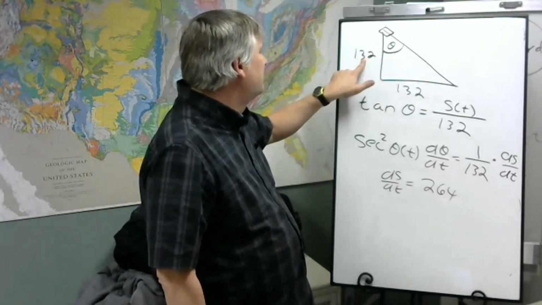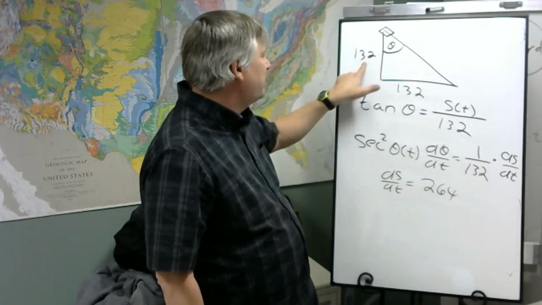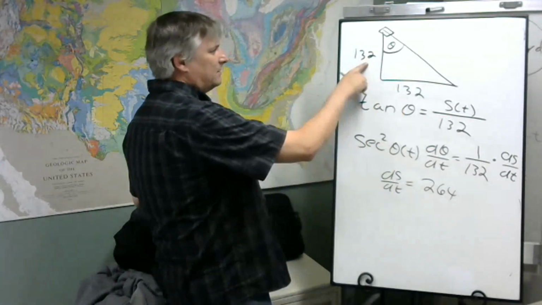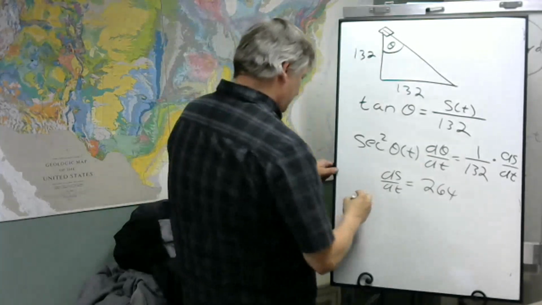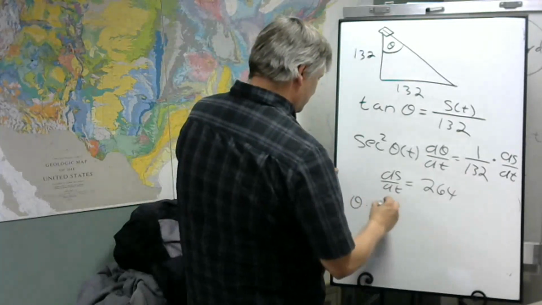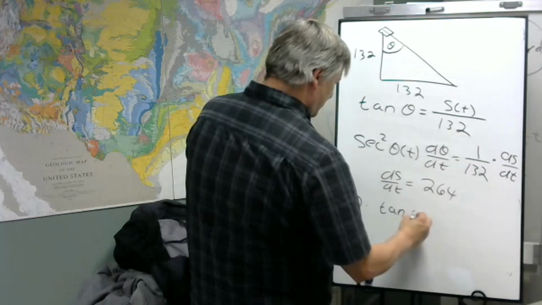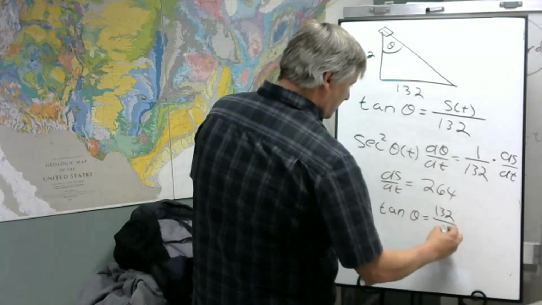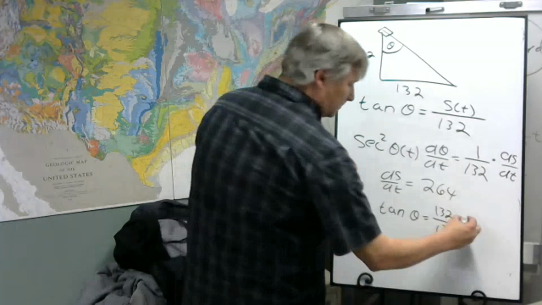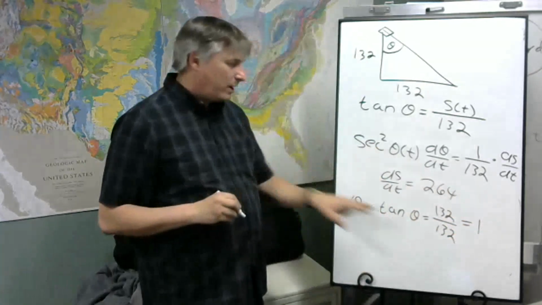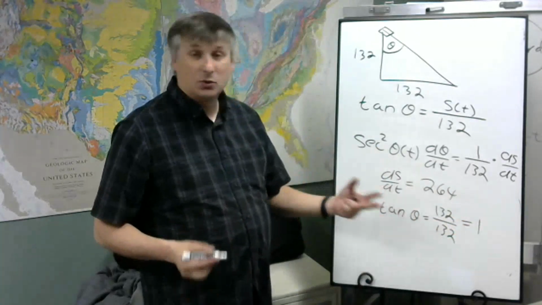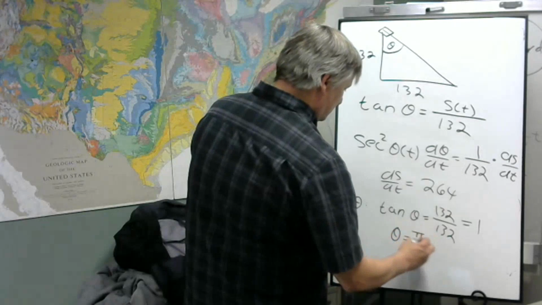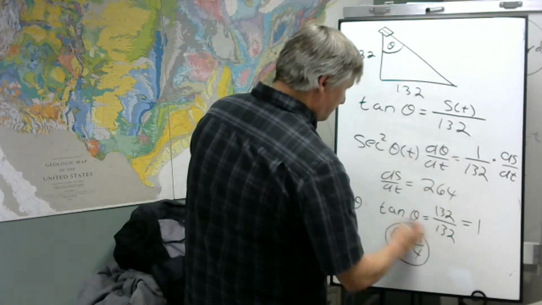We have two sides of a triangle, an opposite of theta and an adjacent of theta. So the tangent of theta is 132 over 132, or equal to 1. So what angle has a tangent that gives you 1? Well, theta is pi over 4.